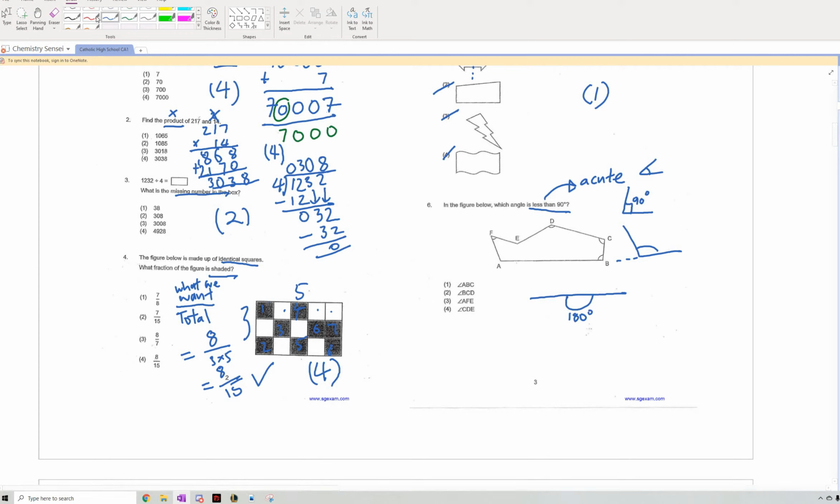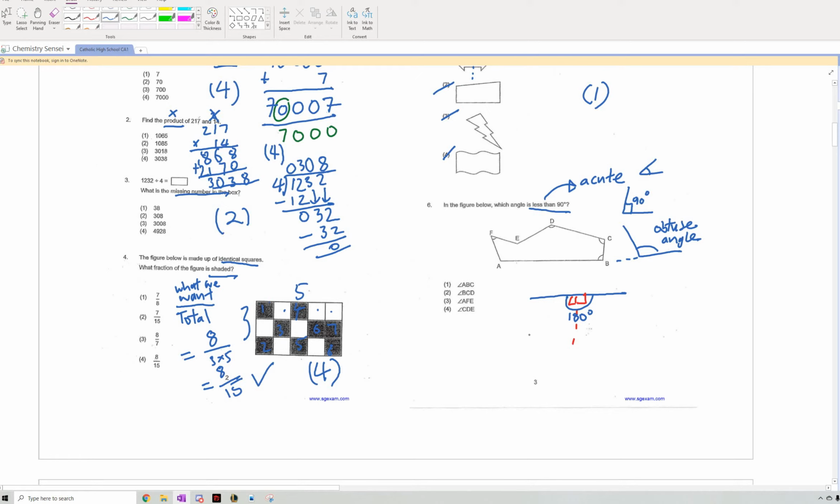Reason being because it is made up of 2 right angles. Alright, 90 degrees on each side. Okay, so for an angle that is greater than 90 degrees but smaller than 180 degrees, these are known as obtuse angles.